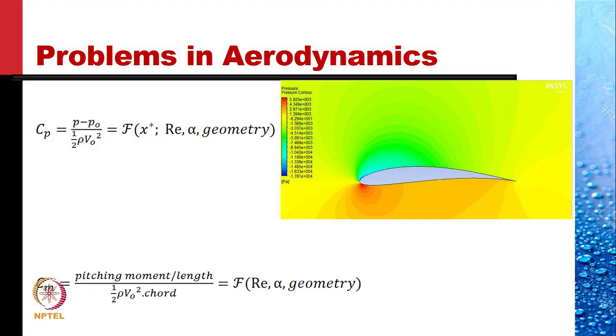A dependent parameter like the pitching moment coefficient, which is defined as the pitching moment per unit length of the aerofoil divided by 1/2 rho V naught squared times the chord, is a function of Reynolds number, alpha, and geometry. Obviously, since this is a dependent parameter, it does not depend upon the independent variable.